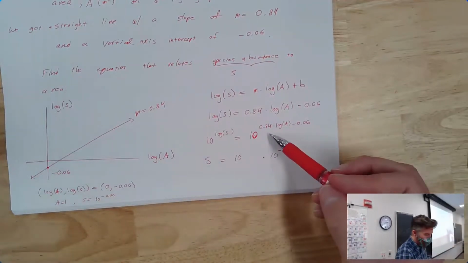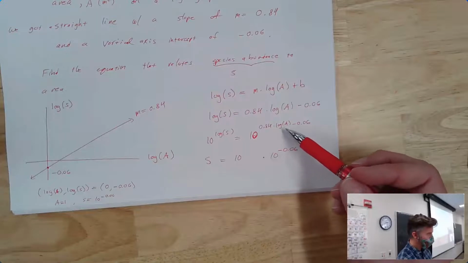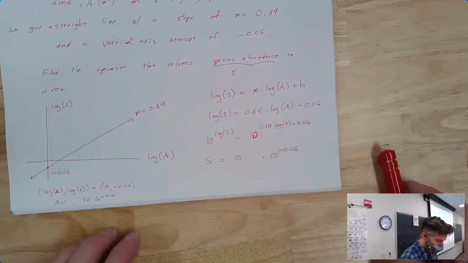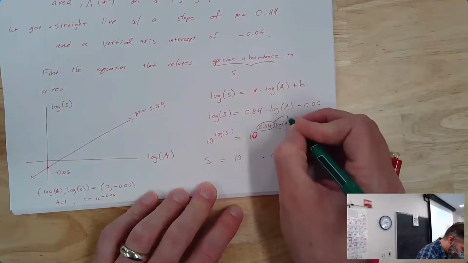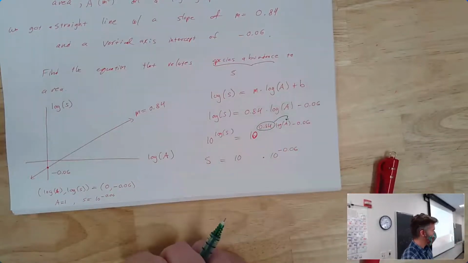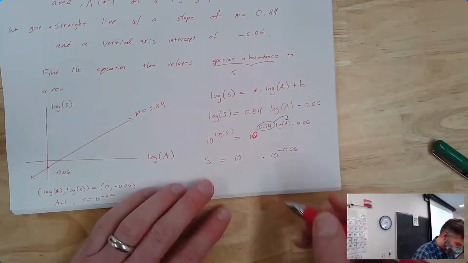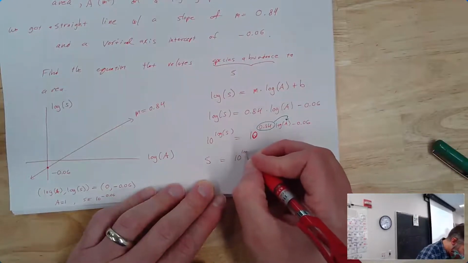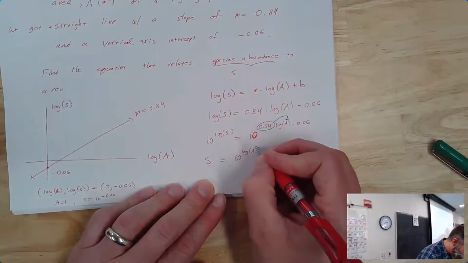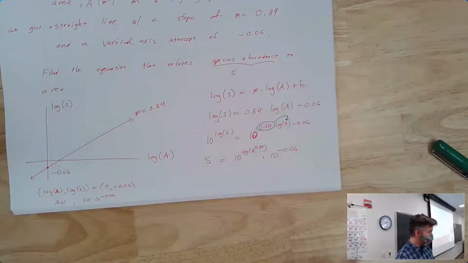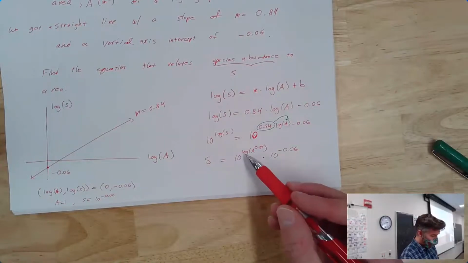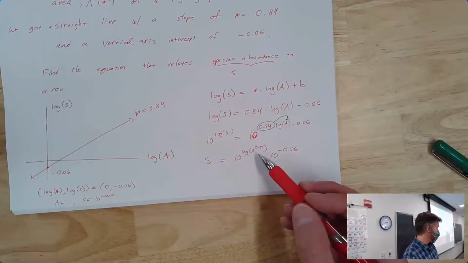Now, 10 to the 0.84 times log of A. Well, 0.84 times log of A, this can come up as the exponent in the logarithm. We can write that as 10 to the log of A to the 0.84. And we want to do that because 10 to the log of something is just the something.